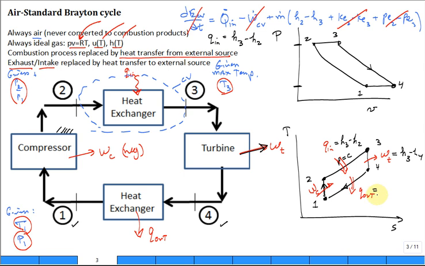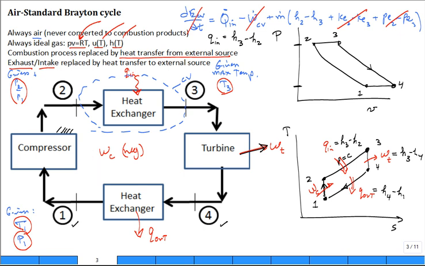Take it slow, draw the control volume, and so on. But it's going to be H4 minus H1. Is that right? Good. Now, if I would have left the Q coming into that bottom heat exchanger, then I'm looking for a negative quantity. Switch them.